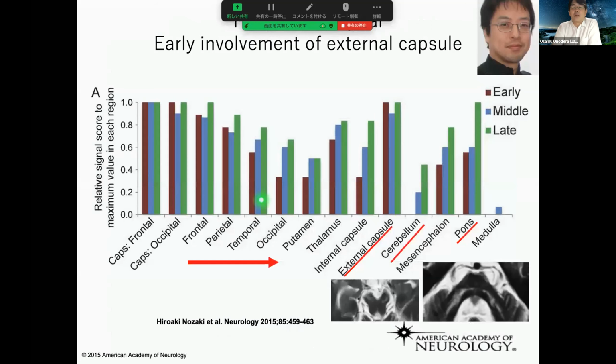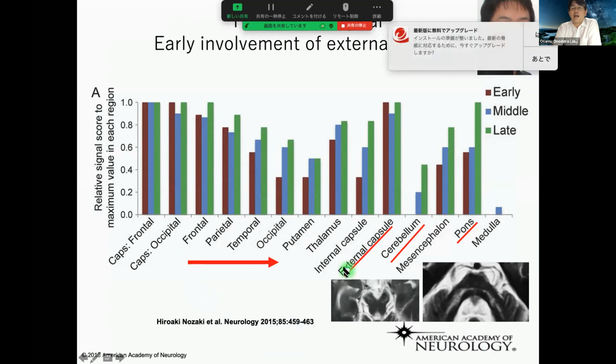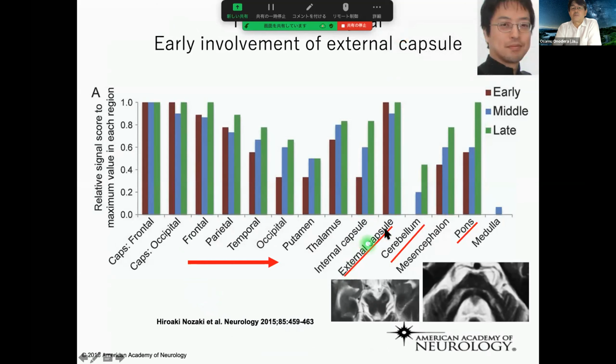For the MRI findings, the leukoaraiosis begins from the frontal lobe and in the advanced stage extends to the occipital lobes. One of the characteristic MRI findings is a high intensity lesion in the external capsule, which is well observed in CARASIL patients.